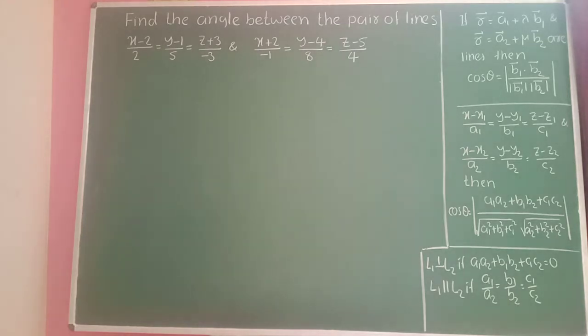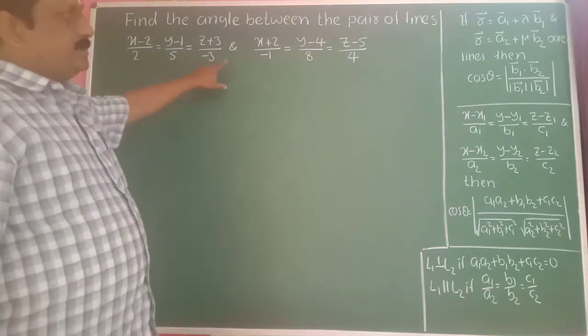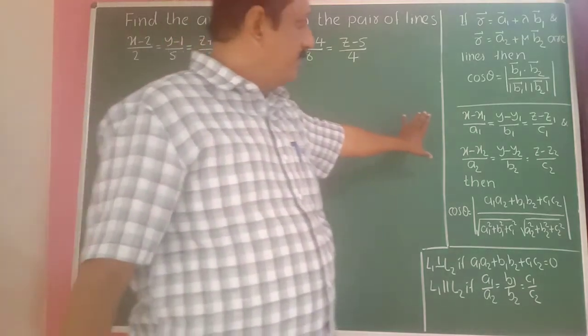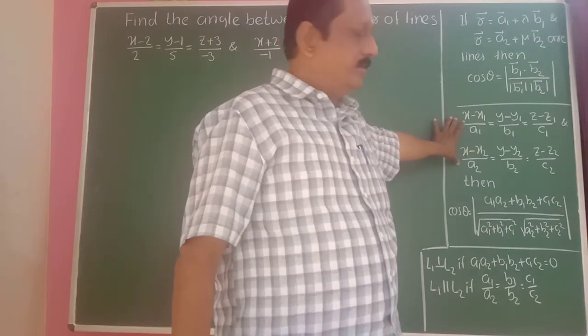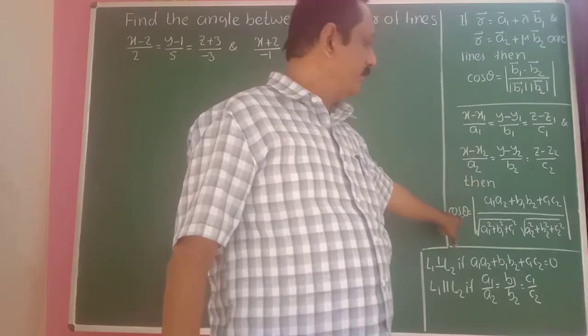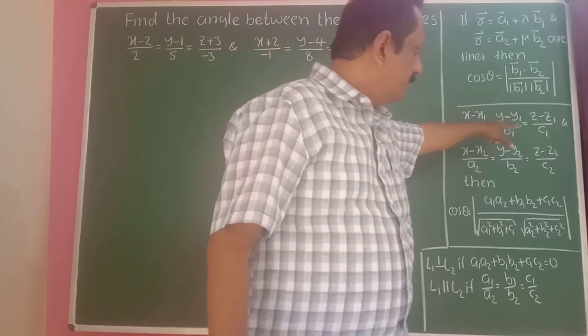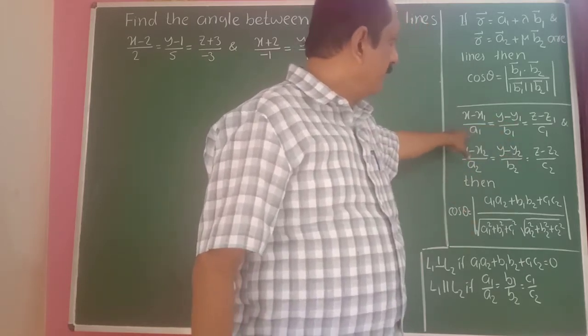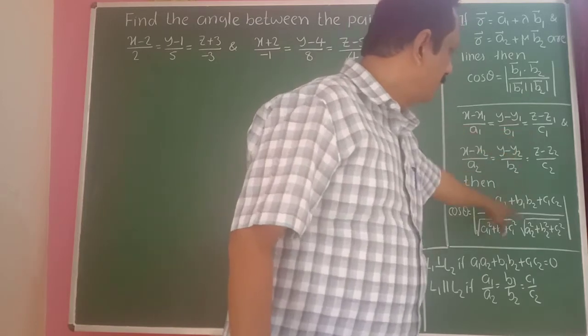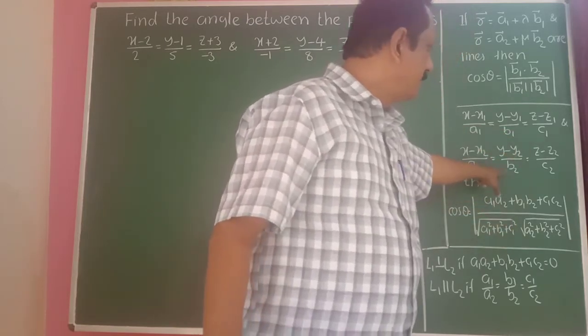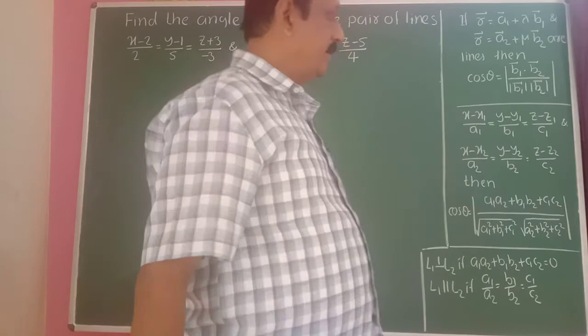So find the angle between the pair of lines here. The equations are in Cartesian form. So if the equation is in Cartesian form, then the angle between the two lines is given by modulus of a1 a2 plus b1 b2 plus c1 c2 by root of a1 square plus b1 square plus c1 square into root of a2 square plus b2 square plus c2 square.